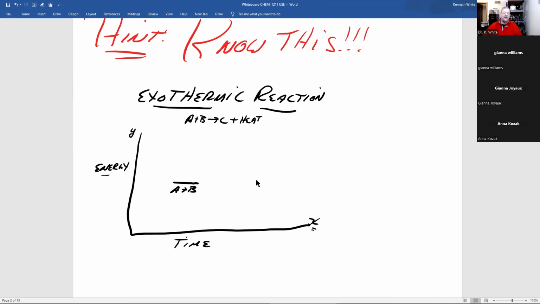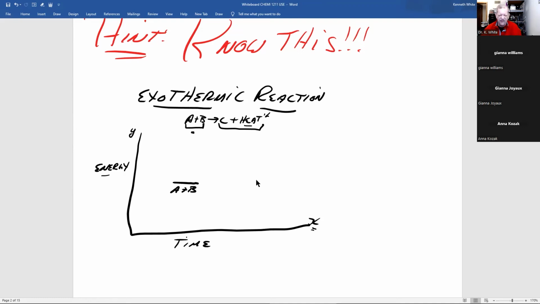And on the energy diagram, we don't specifically show heat. Now, if the total energy of A and B has to be the total energy here, C is going to have less energy than A and B, because you're going to lose some of the energy on the right side of the arrow as heat. It's given off. So let me say it again.